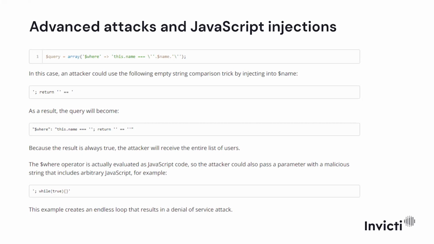Now, let's take a look at another example that we haven't talked about yet. There's also the possibility that you can use JavaScript in a MongoDB query. This is commonly done with the $where operator.